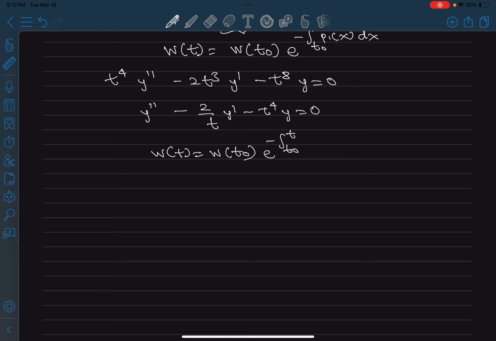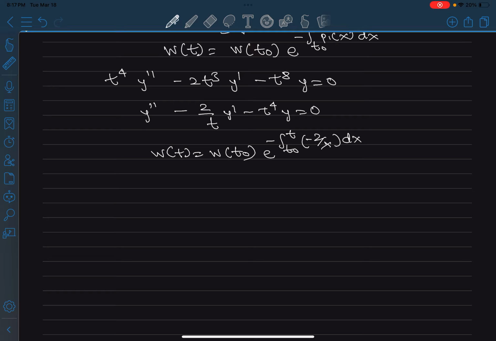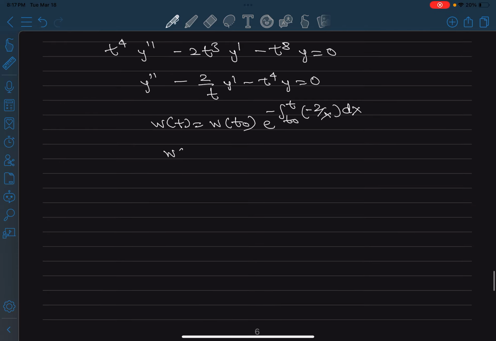In this case, our p of x is negative 2 over t, but since t is already there in the limits of the integral, let me write this as a function of x, negative 2 over x dx, right?